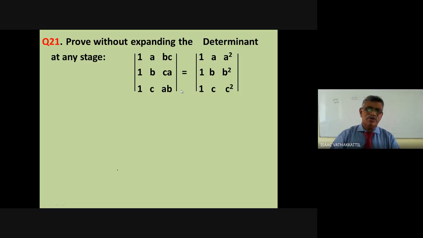This question I can put in a different way also. If you take that left side determinant, it can be joined and made a single determinant equal to 0. That will be 1 A BC minus A squared, 1 B CA minus B squared, 1 C AB minus C squared equal to 0. You can put the same question in this way also. But here you are not permitted to expand the determinant at any stage.